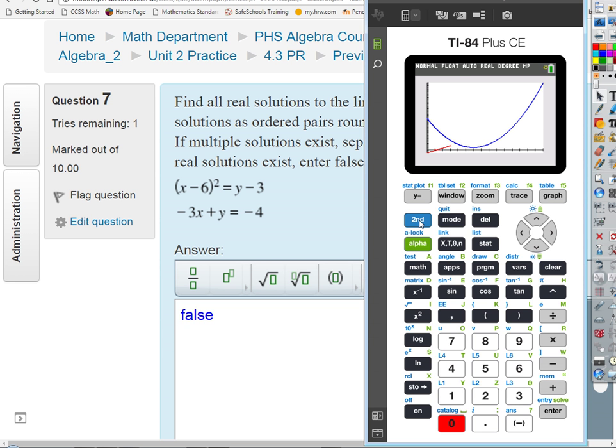If I want to find those, all I've got to do is go second, calc, intersect. First curve is the parabola, y1, second one is the line. And now I do have to make a guess because there are two separate solutions. So I'll trace up here close to this intersection and hit enter.